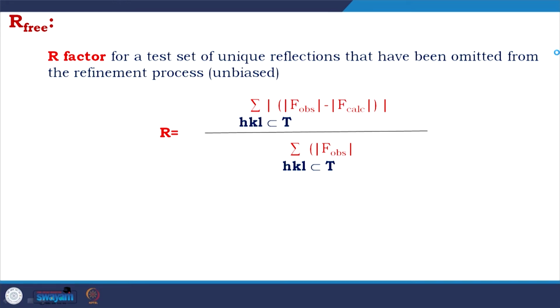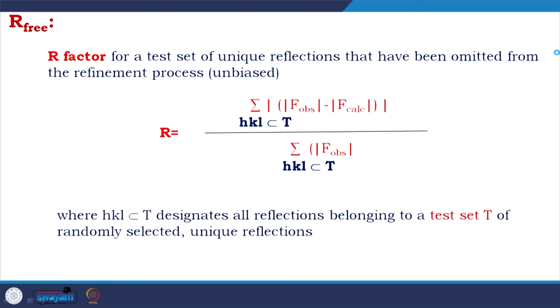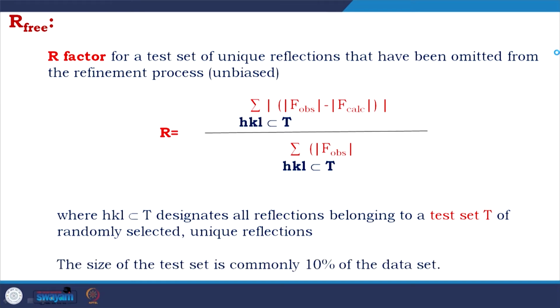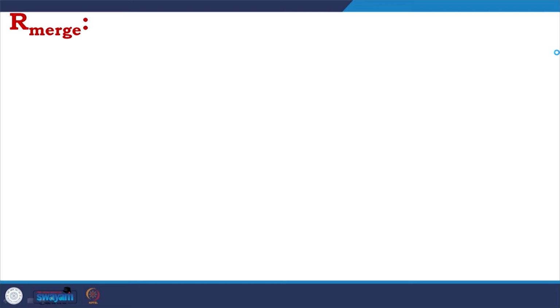R equals the summation over H in T with the same formula, absolute F obs minus F calc by F obs, where H in T designates all reflections belonging to a test set T of randomly selected unique reflections. The size of the test set is commonly 10% of the data set.